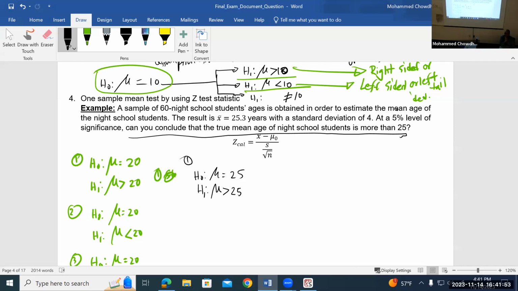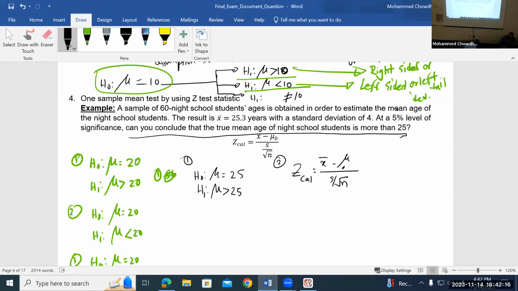Okay. How many steps? 4 steps, right? Number 1 step's gone. Number 2, calculated value. Z cal value equal to x bar minus mu 0 over s over square root of n. So what is my mu 0?